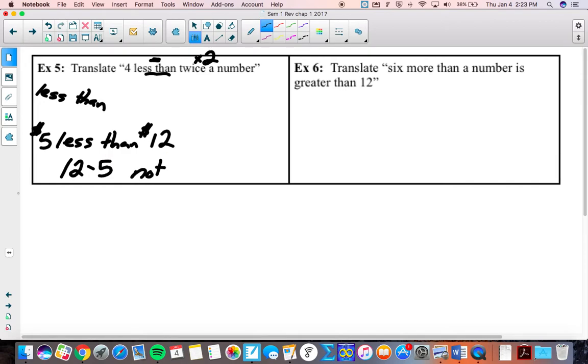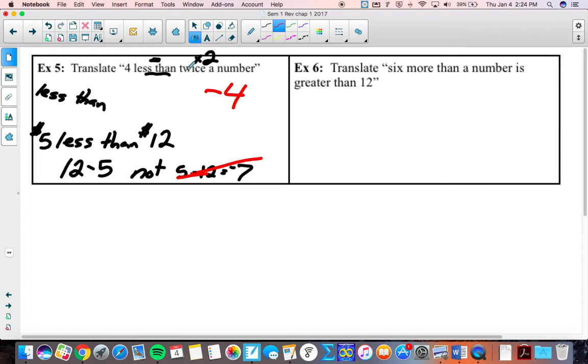Not 5 minus 12, because that gets you negative 7. So I am not taking 4 minus this stuff. I'm taking this stuff minus 4. So I'm actually going to put the minus 4 at the end.